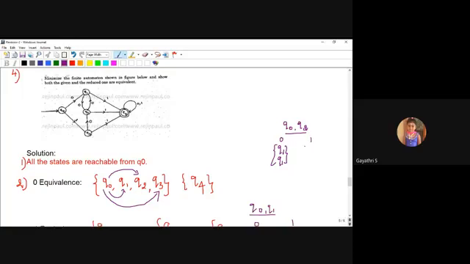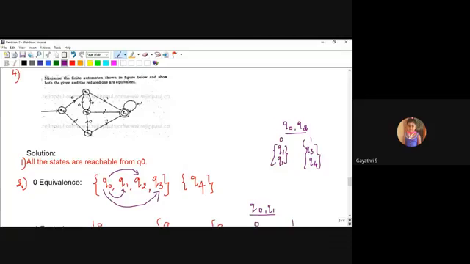Then Q0 on 1 goes to Q3, and Q2 on 1 goes to Q4. Based on the transition on 0, Q1 and Q1 are definitely in the same group.